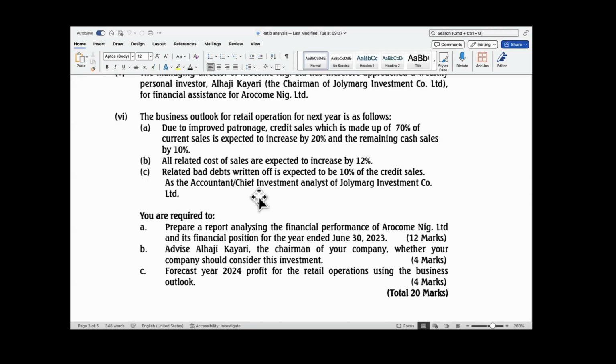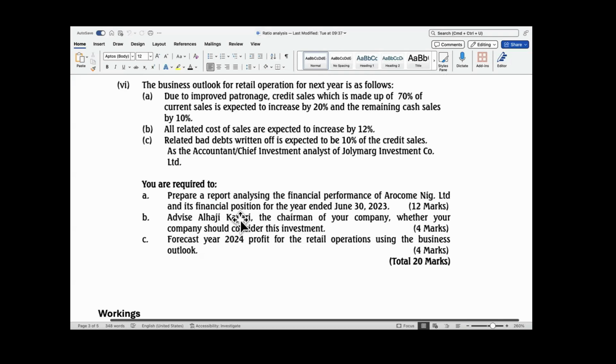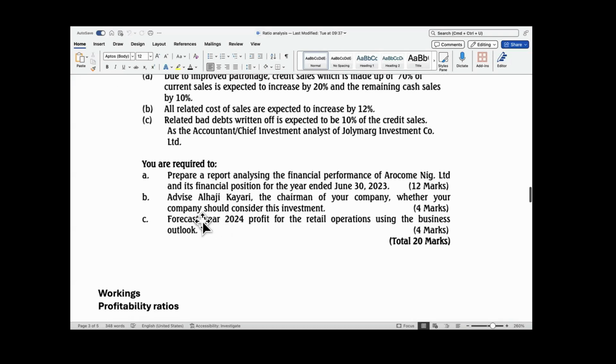So they called you investment analyst. So you're now required to advise Alhaji. So Alhaji gave you the financials of this company. That you should please analyze their performance and position. Then you advise Alhaji. And you are now required to do a forecast based on the outlook the company gave us.